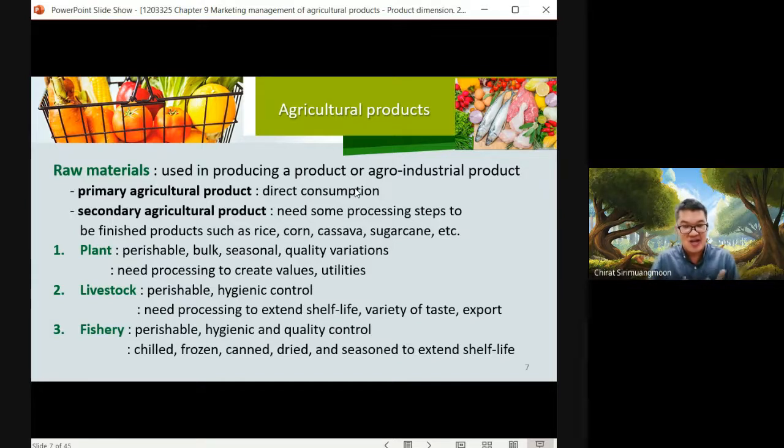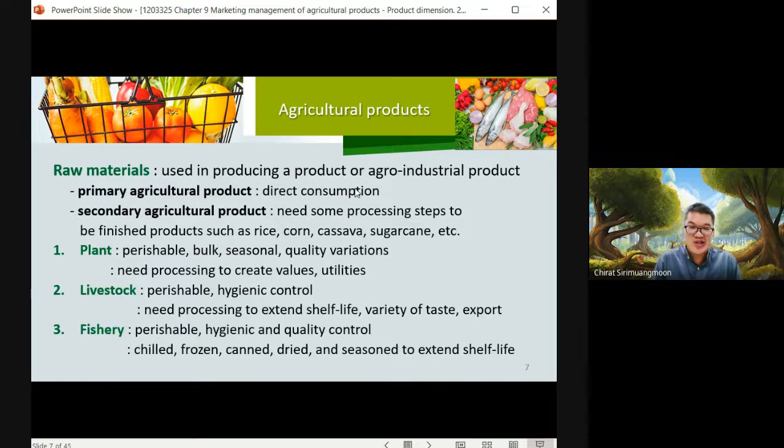Then you have livestock, which is actually for meat products. You're going to have businesses for pork, like pig farms, cows, or chicken. We call it livestock. Livestock is also perishable. Of course, it's very easy to spoil, but you need to be concerned about hygiene control, so concerned about safety and cleanliness.